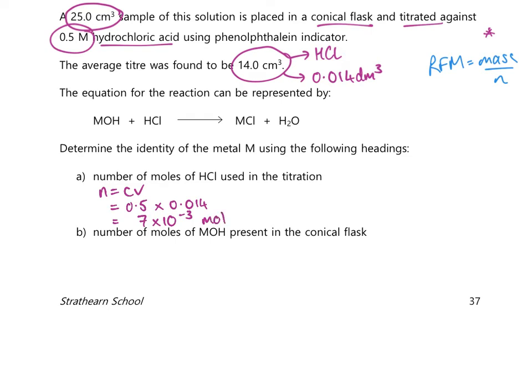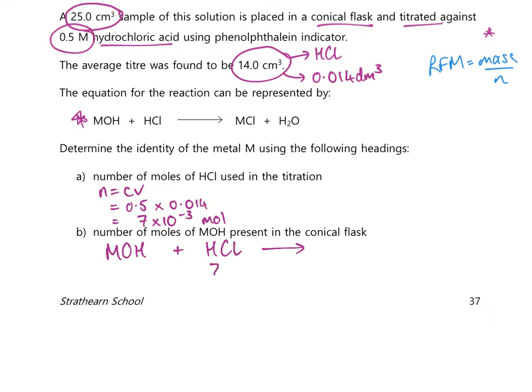Next question is the number of moles of MOH present in the conical flask. Again, look at your diagram. This is essentially your titration reaction, and your equation is given to you up here. Your metal hydroxide is reacting with your HCl in a 1 to 1 ratio. You don't need the right-hand side of the equation, but obviously you do need to write the full equation to make sure that it's balanced.